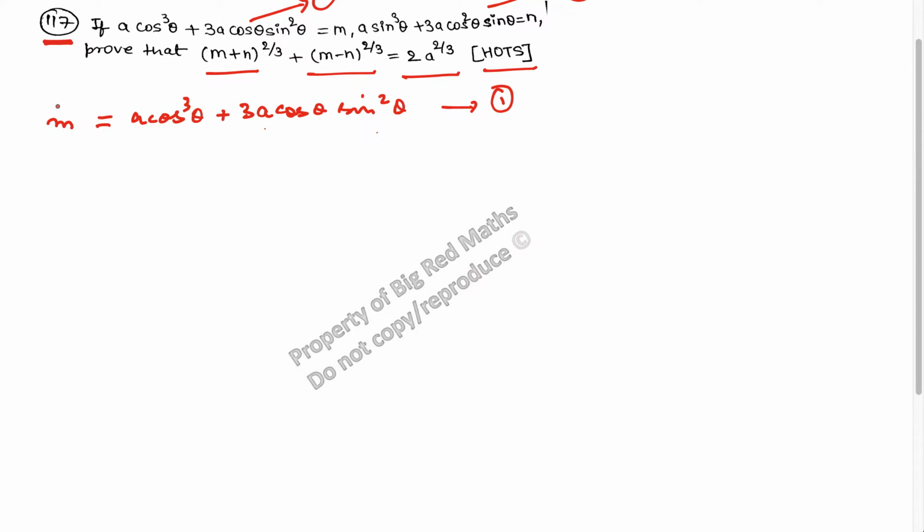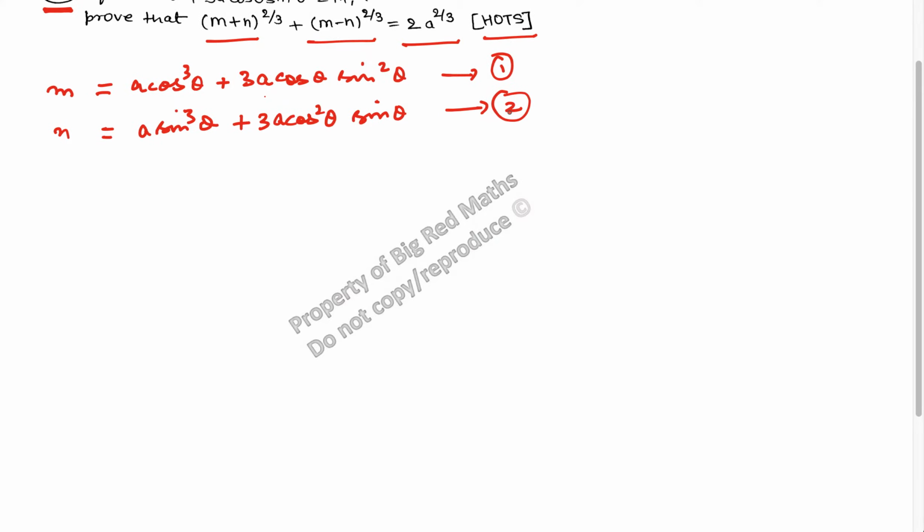And what is n? n is a sine cube theta plus 3a cos square theta sine theta. This is equation 2.